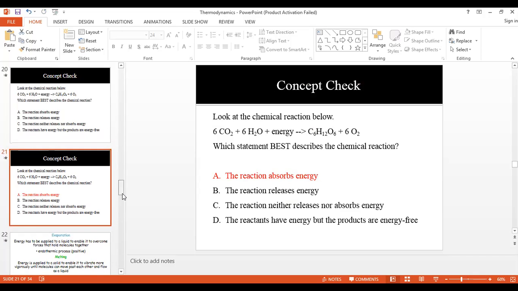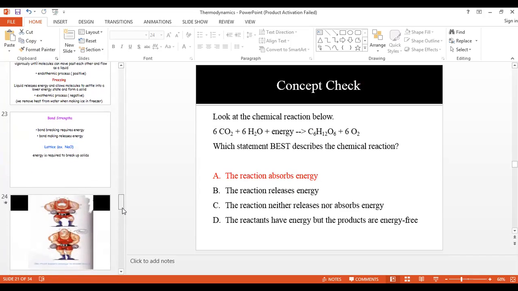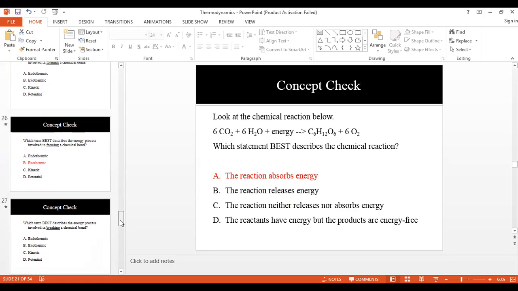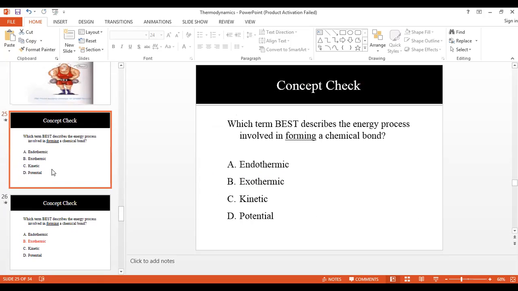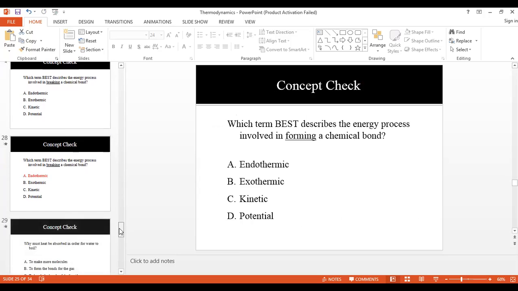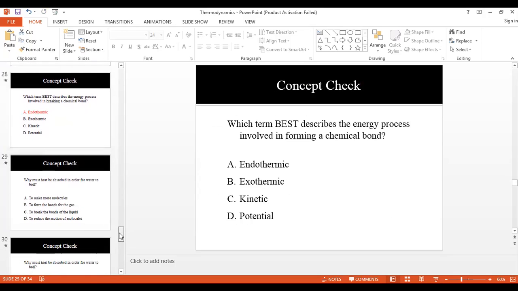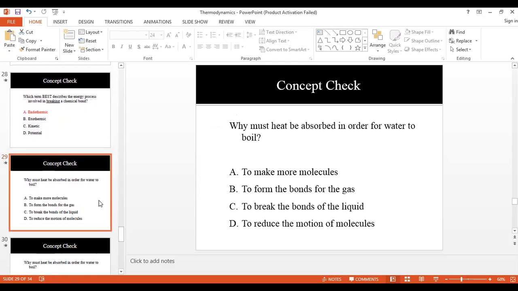Let me show you something more about exothermic and endothermic reactions, so that you will at least get the concept. Yesterday we did, I think, this one. Who will tell me the answer to this question, please? Why must heat be absorbed in order for water to boil?